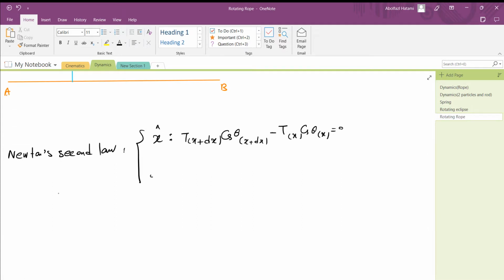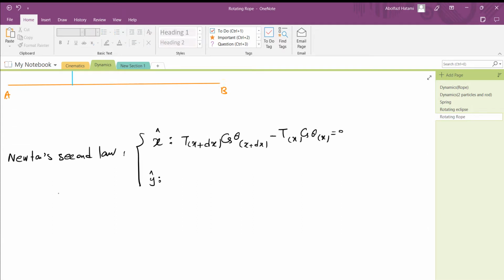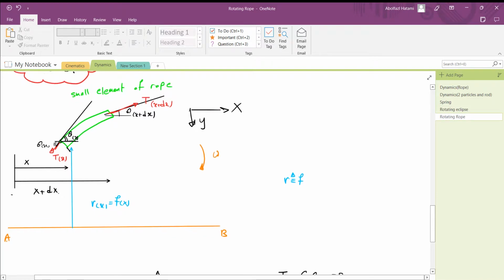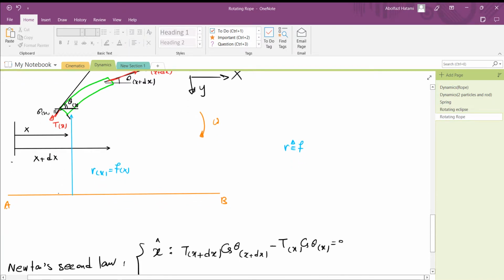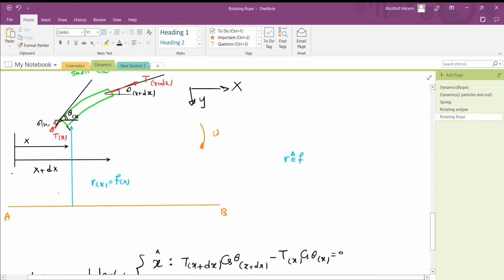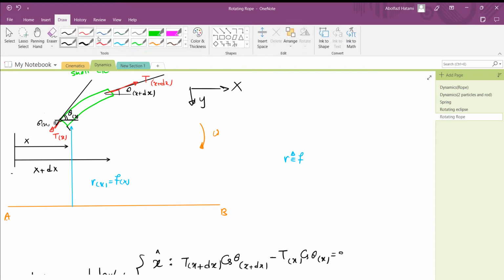And if we want to write the y hat equations, we know that we have a central acceleration downward, which is equal to r omega squared, which is actually f of x omega squared.